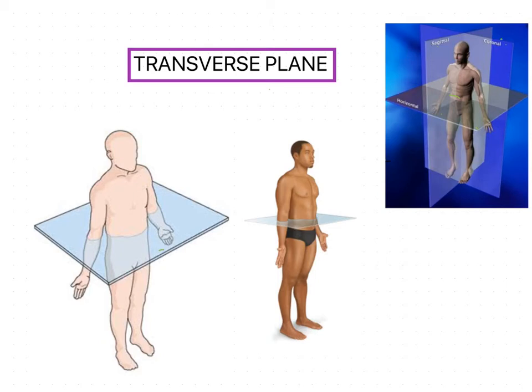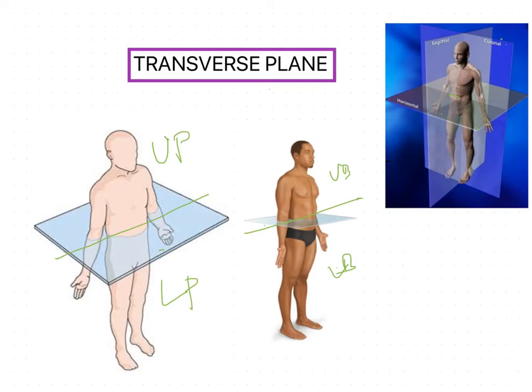This plane divides the body into an upper part and a lower part. If you cut the body in this plane, you will get the upper body and the lower body. Normally the basic movements along this plane are rotations, rotatory motion.